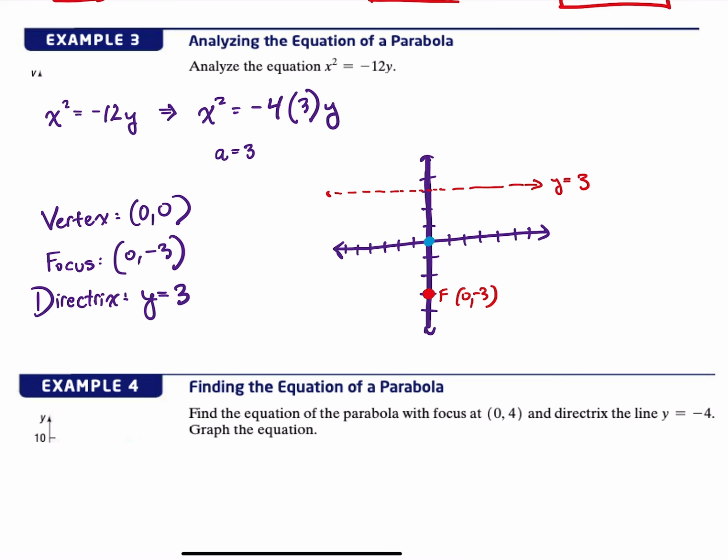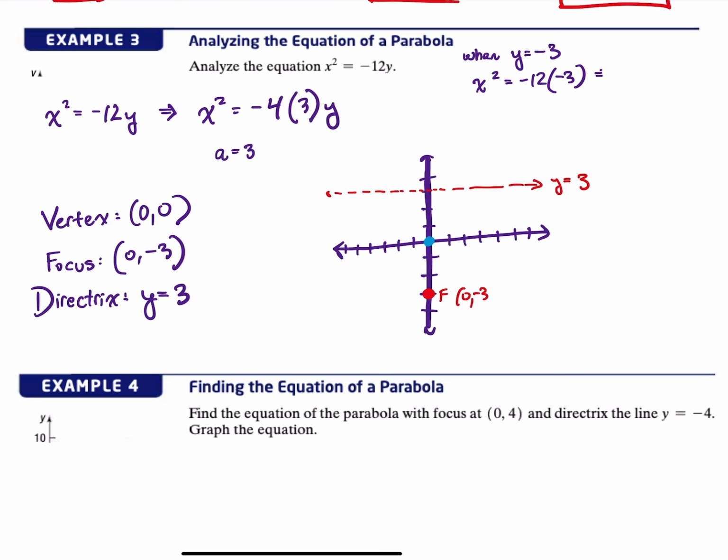Now let's get a couple points. So in this case, since it's opening vertically, opening downwards, I'm looking at points to the left and to the right of the focus, meaning I'll keep y constant. When y is equal to negative 3, let's find out what x is equal to. So I'll do that up here. I can say when y equals negative 3, you would have x squared equals negative 12 times negative 3.